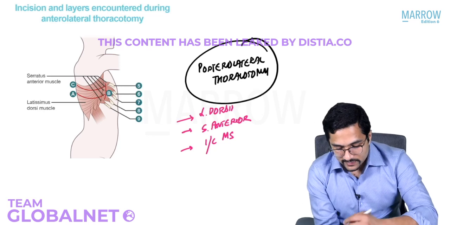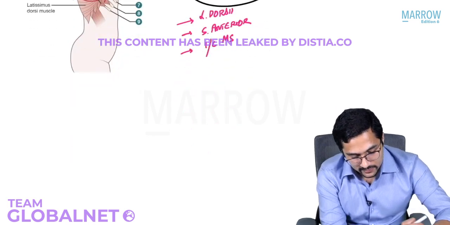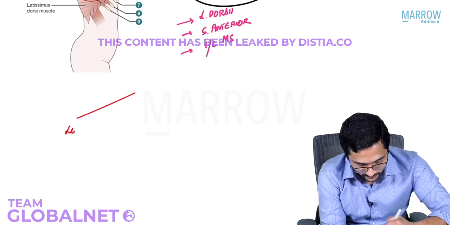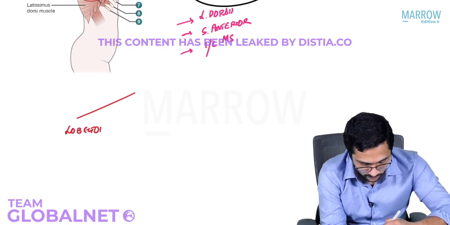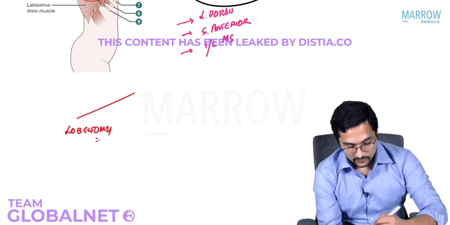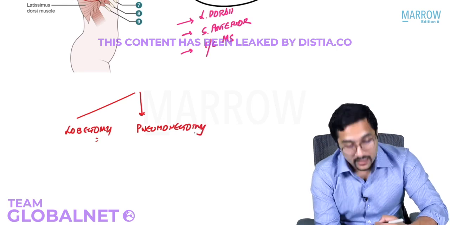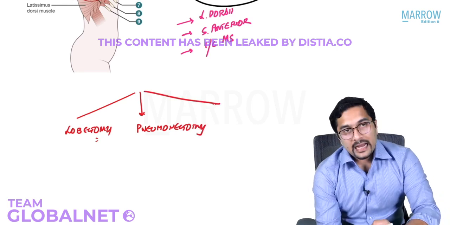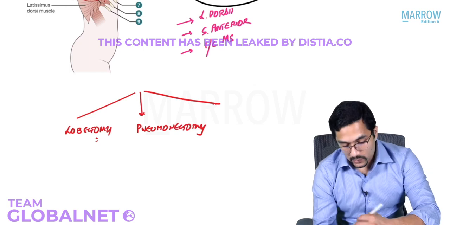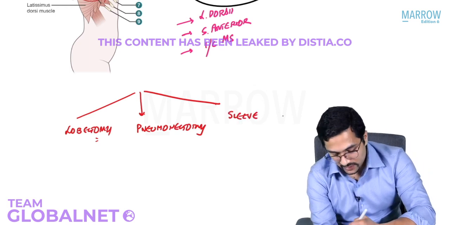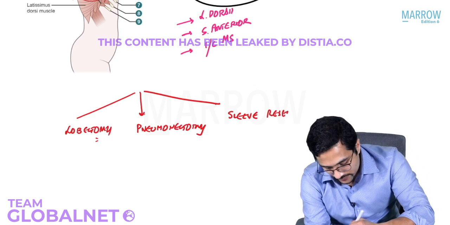Now, the surgeries which can be carried out for lung cancer, we can either do a lobectomy, where just one lobe is removed. We can do a pneumonectomy. Pneumonectomy is when we are removing one of the lungs. And these days, we are also doing sleeve resection or bronchoplastic procedures.